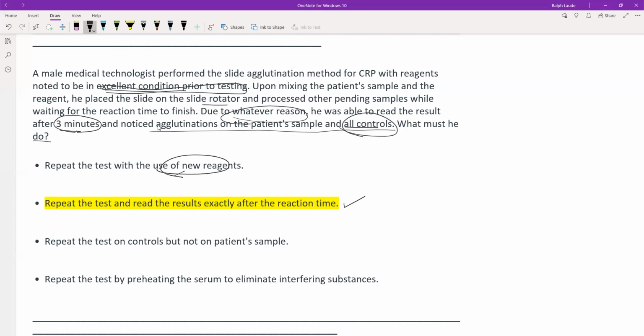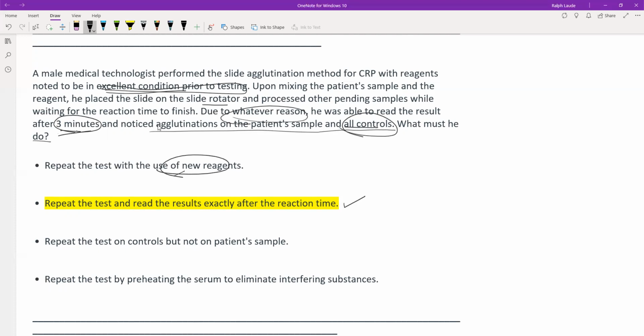Repeat the test on controls but not on the patient sample? No. You are going to check everything, not just the controls but also the patient sample, knowing that you have exceeded the reaction time. Repeat the test by preheating the serum? No, this is not actually the problem.